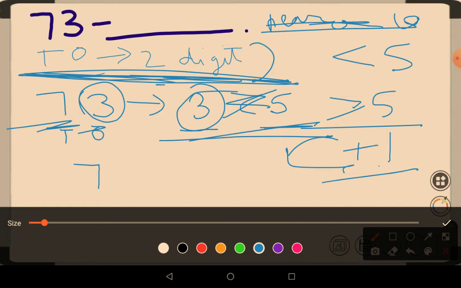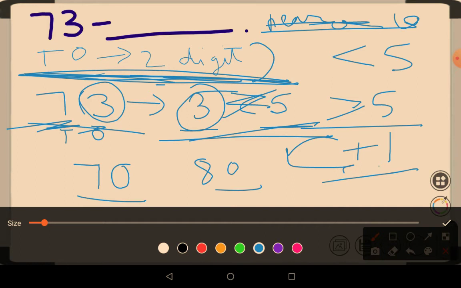I will not change it, just write it as it is and turn the 3 into 0. So 70. Or over here, if I made it 80, it would be so far from 73. 73, 74, 75, 76, 77, 78, 79, 80. 7 difference, 8 difference. And from 73 to 70 only 3 distance, because 70 plus 3.